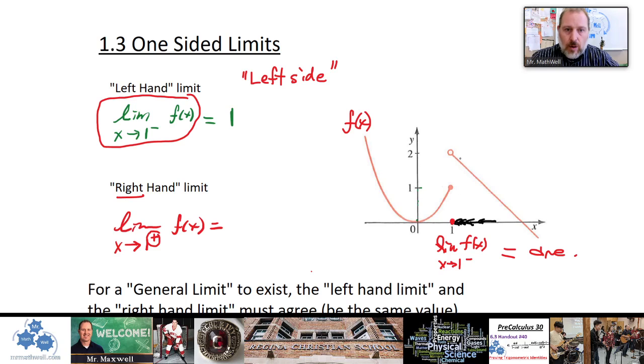What's the graph doing? The graph is inching towards this value, even though the function doesn't exist there. And so as x approaches 1 from the right side, the limit of this function is clearly approaching 2.